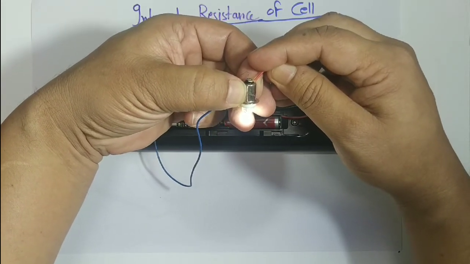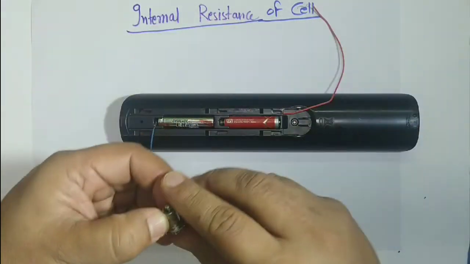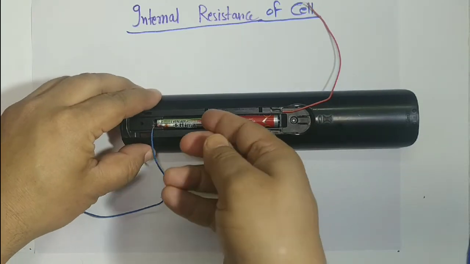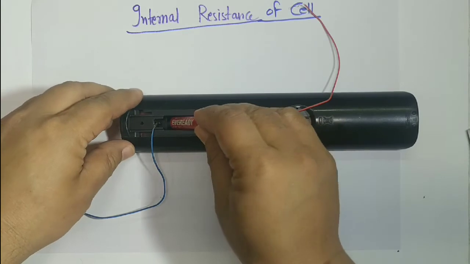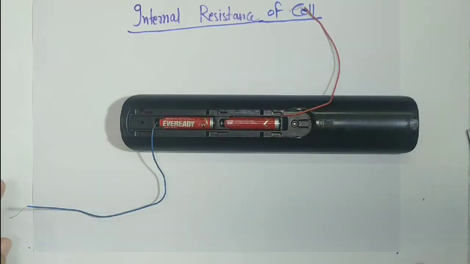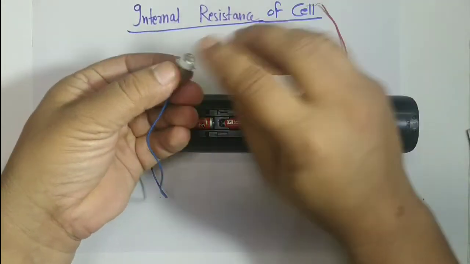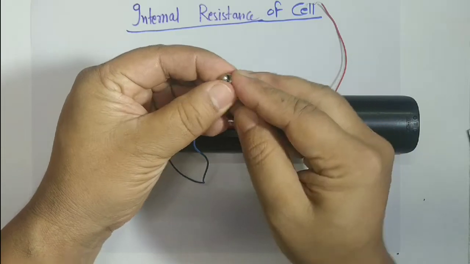They are in series. Okay. Now you see that this bulb glows. But then when I take an old cell, this is a new one. But when I take an old cell, the same thing I am going to do is that this is a negative, and then I am going to apply the positive and again.